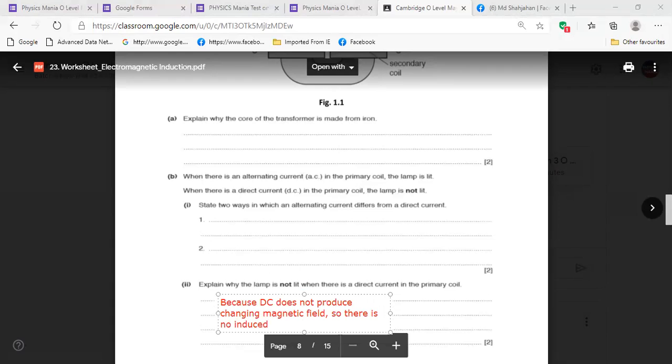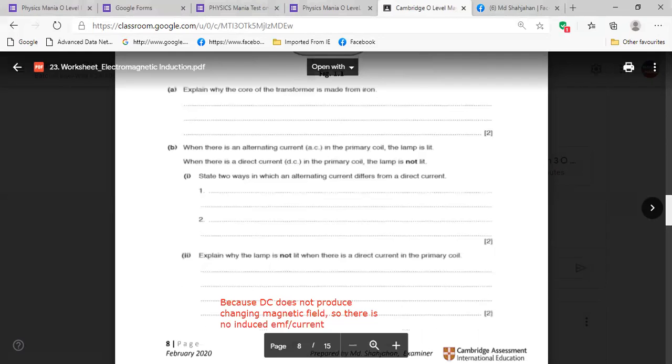Yeah, you write this way, that is better, more specific. If you write constant, it's okay, but better to write changing magnetic field. Is it clear? Okay, sir.